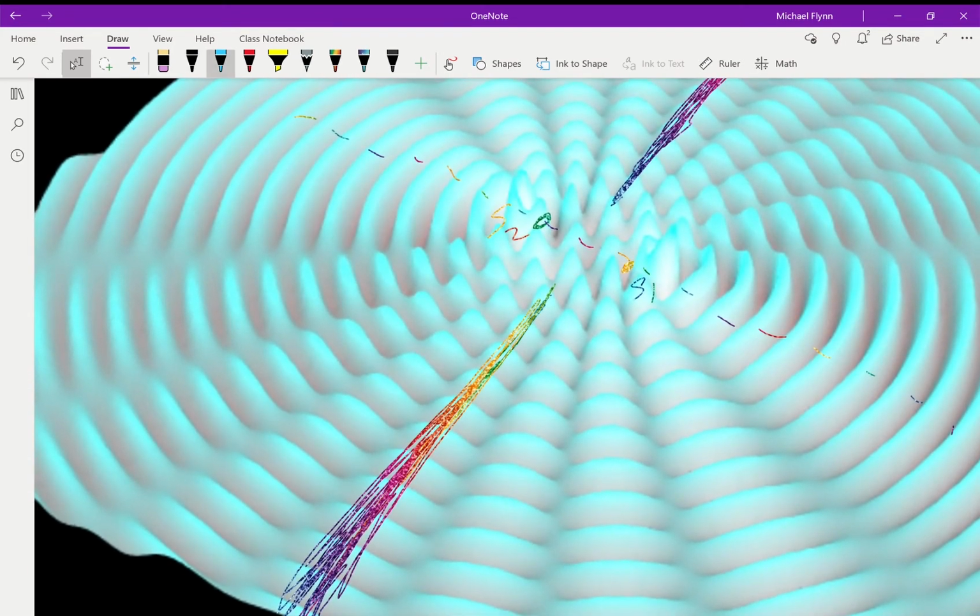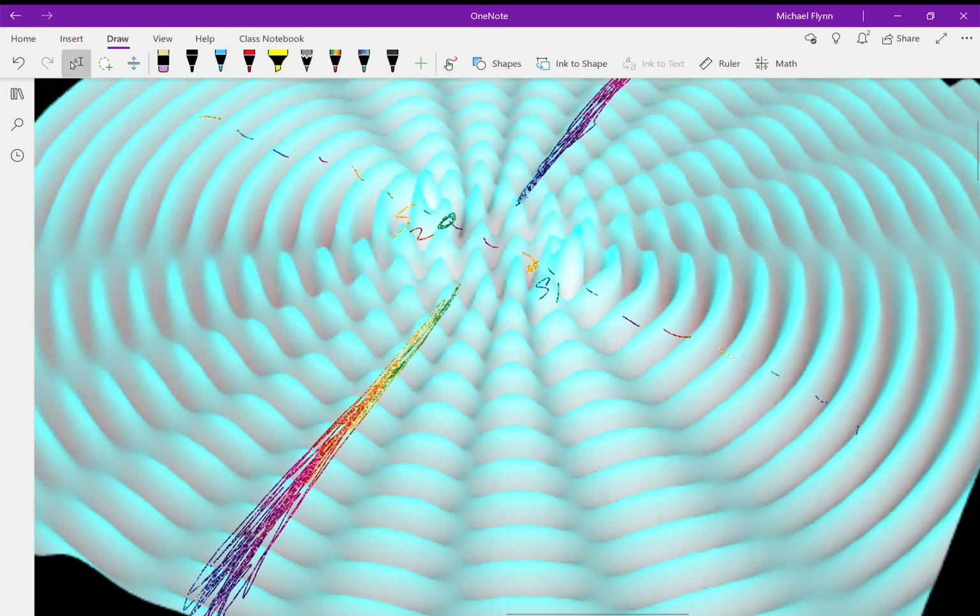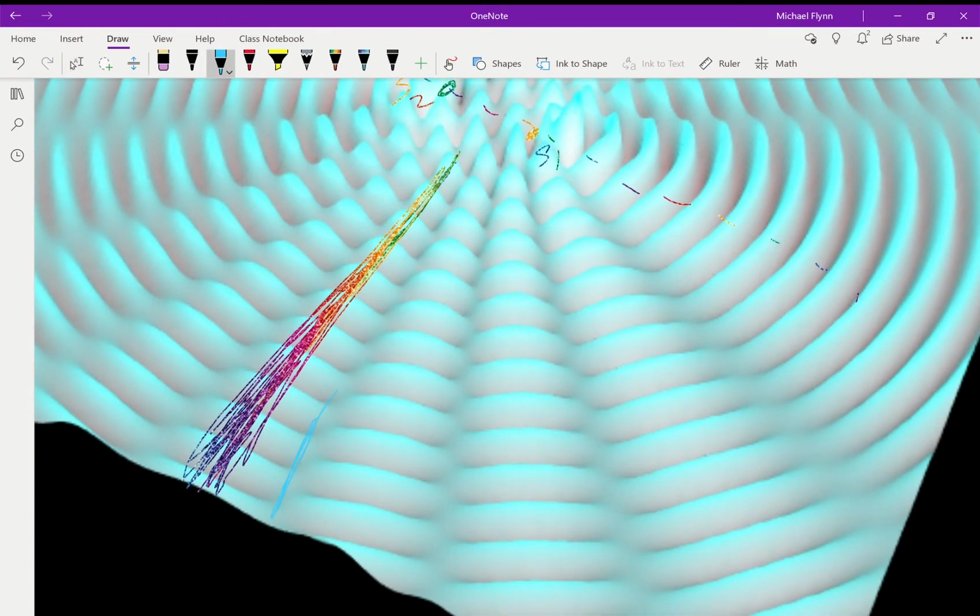So I'll stick to my color blue. We're seeing right here, this region forms a very distinctive valley in between my waves, or my lines of constructive interference. And there's another line on the other side of the pattern right here, same thing.